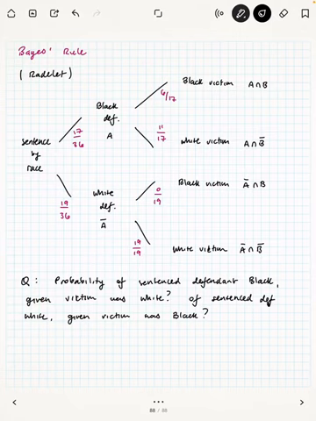To illustrate it, or to motivate why we would need Bayes' rule, I have here a probability tree diagram based on data from Michael Radelet's research on sentencing case files in Florida in the mid 1970s.